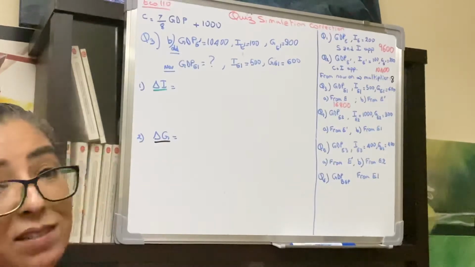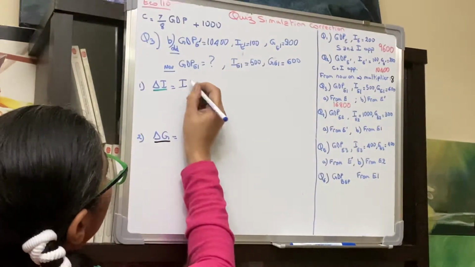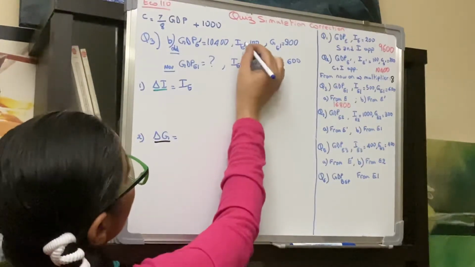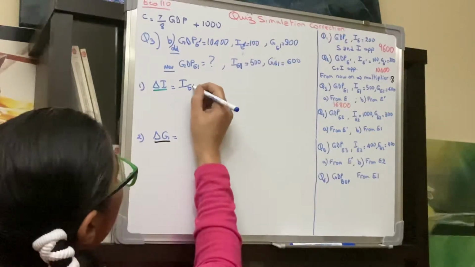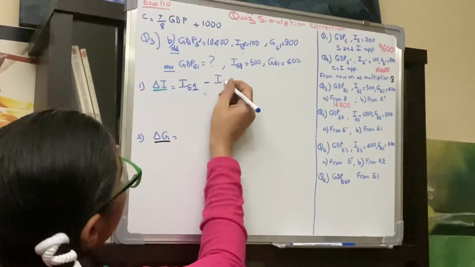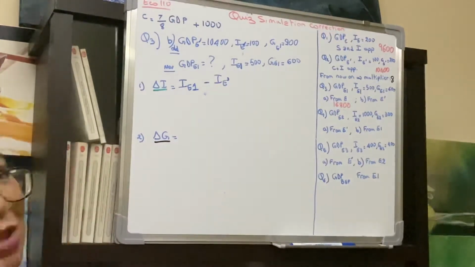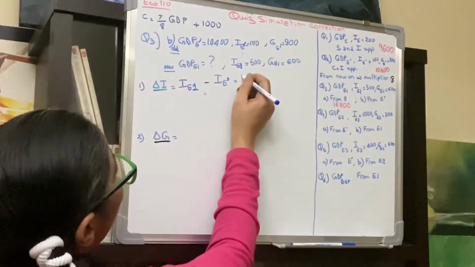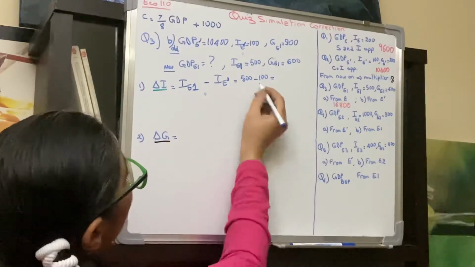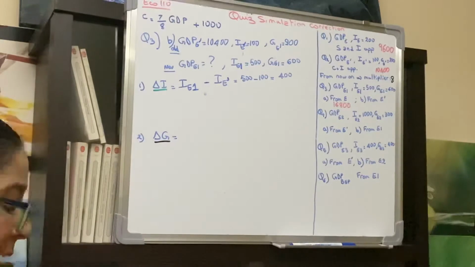So delta I, again, now it's IE1 minus IE prime, just to make the difference between the two, which is equal to 500 minus 100, which is equal to 400. Okay, so that's your delta I.